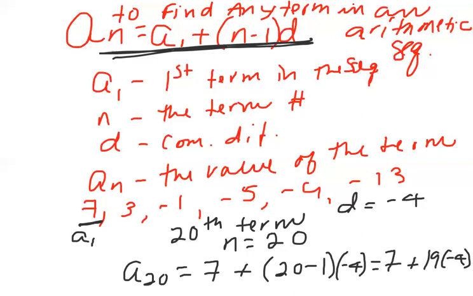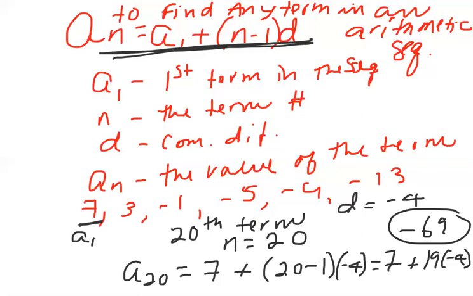The answer turns out to be -69. So rather than continuing the terms out, you can just use the formula to calculate any term in the arithmetic sequence. Questions?